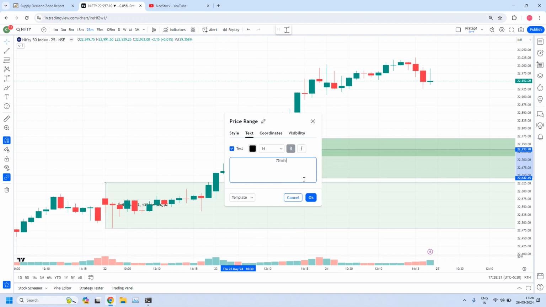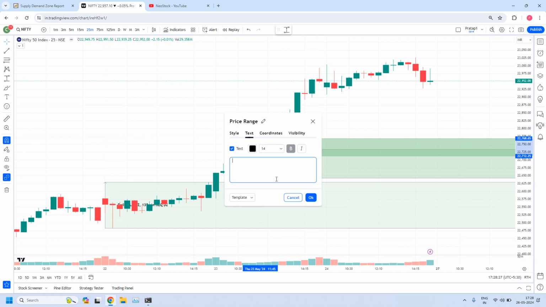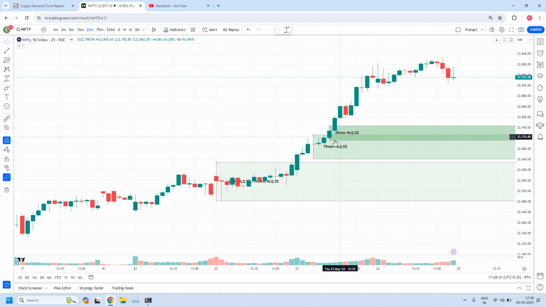This is the 75 minutes high liquidity demand zone, and this is a 25 minutes high liquidity demand zone. This is having confluence with the 75 minutes time frame.